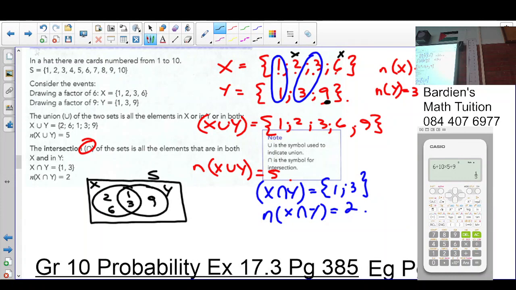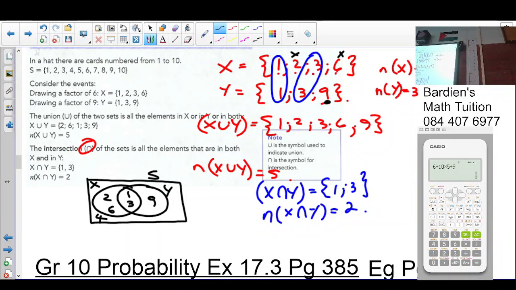So what did we not account for? 4 is not accounted for. So it will go on the outside of those two sets. Although it's still part of the sample space, it is not part of event X or event Y. Can you see that? So where's 5?